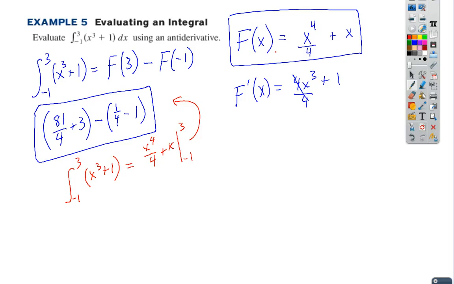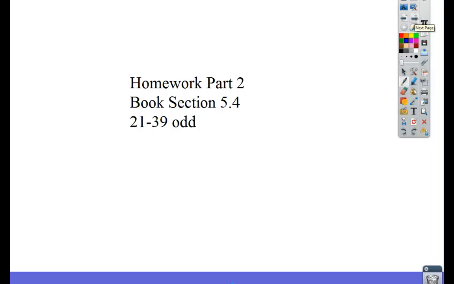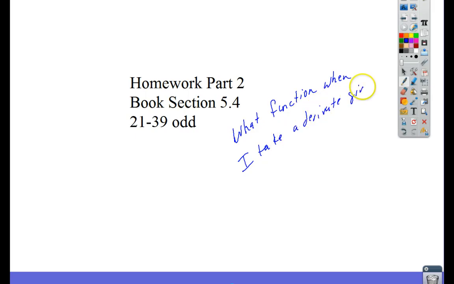All right, let's take a look at what's next. Here's your homework, 21 to 39 on odd. I will tell you this: just keep asking yourself the same question when we get there. What function, when I take a derivative, gives me this?